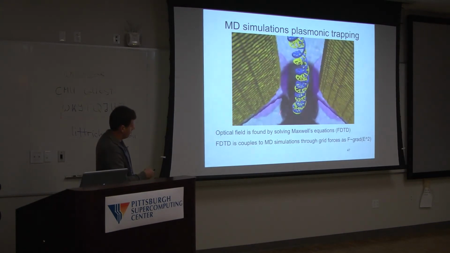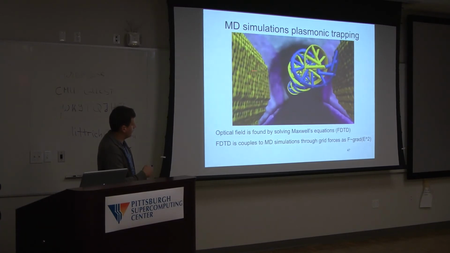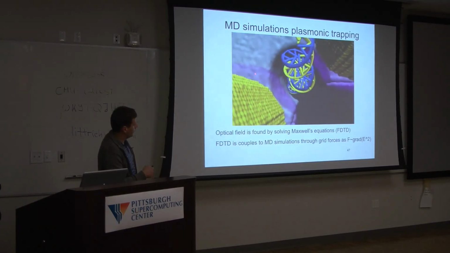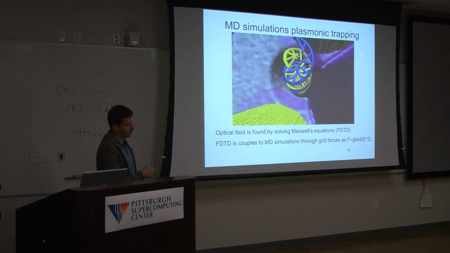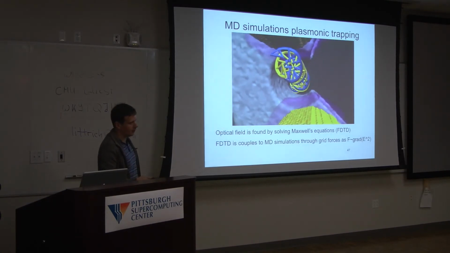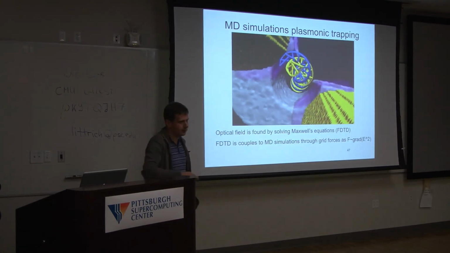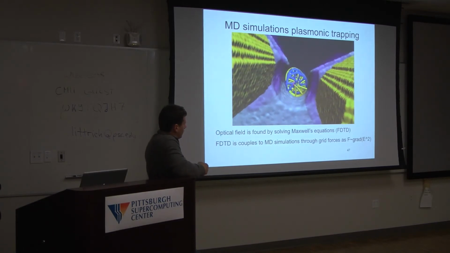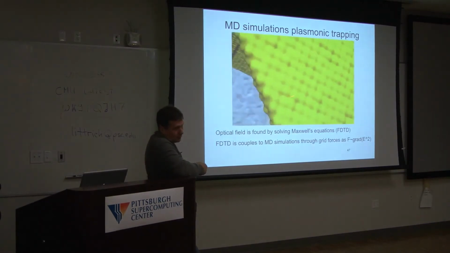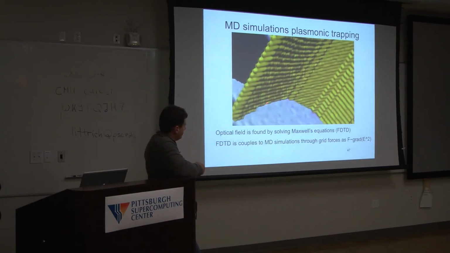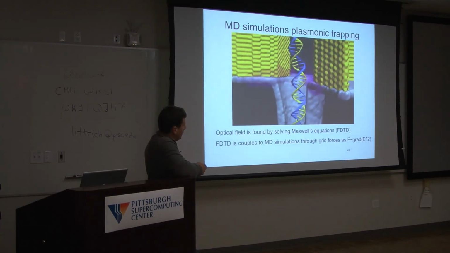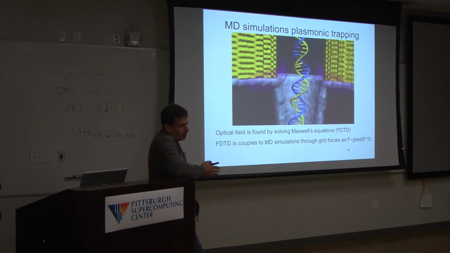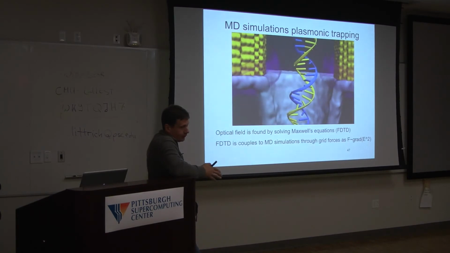Here's an illustration of the system. It's cut off here so that you can see what's in there, but there are two gold bow ties. There's this density over here that represents the plasmonic field that we take from our continuum optics solver, and a DNA molecule. And how do we couple the plasmonic field with DNA? We put in NAMD some time ago a module called grid forces.